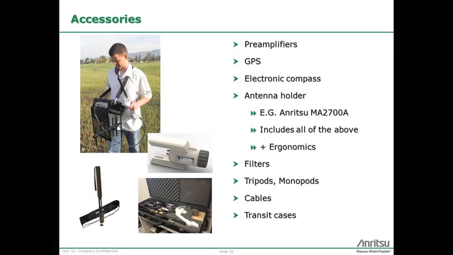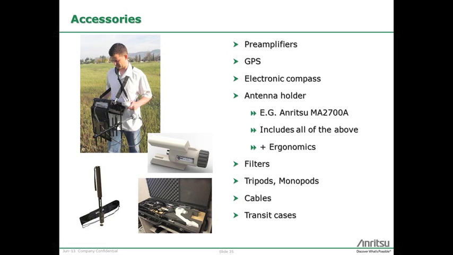Plus, you have the option of attaching bandpass filters right at the antenna before the preamplifier to help eliminate big signals that could potentially cause problems for the receiver. And to make life simple, you can add a tripod or a monopod. The monopod is really handy.